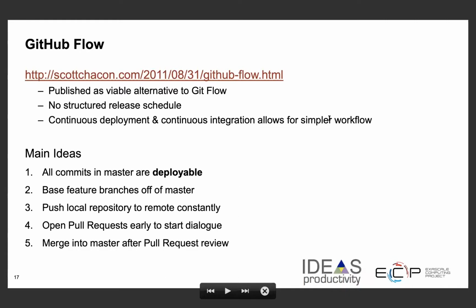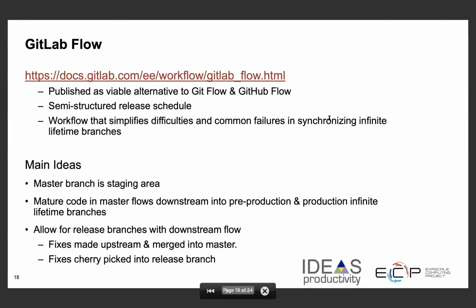Merging into master has to be through PRs so that it can be reviewed. PRs have to pass testing before they can be merged, and you should deploy master as soon as possible after the PR review. So there are certain rules associated with each kind of workflow.